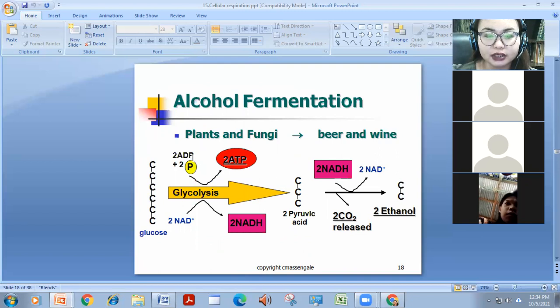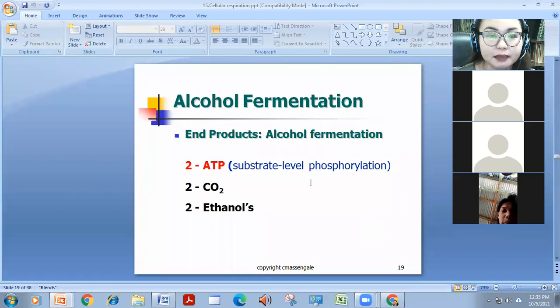In alcohol fermentation, plants and fungi can produce beer and wine through producing ATP in glycolysis. Without the presence of oxygen, their glucose produces ethanol, which is why it becomes wine or beer. The end products of alcohol fermentation are 2 ATP, 2 carbon dioxide, and 2 ethanol.